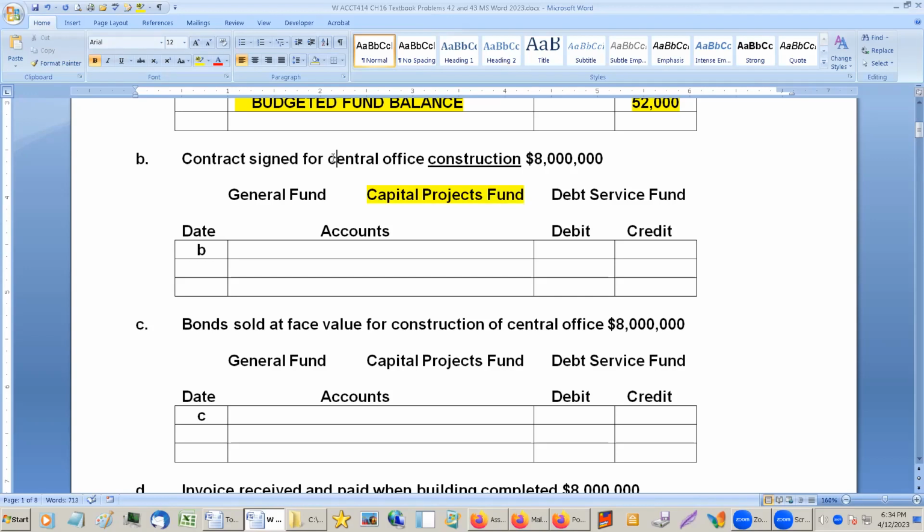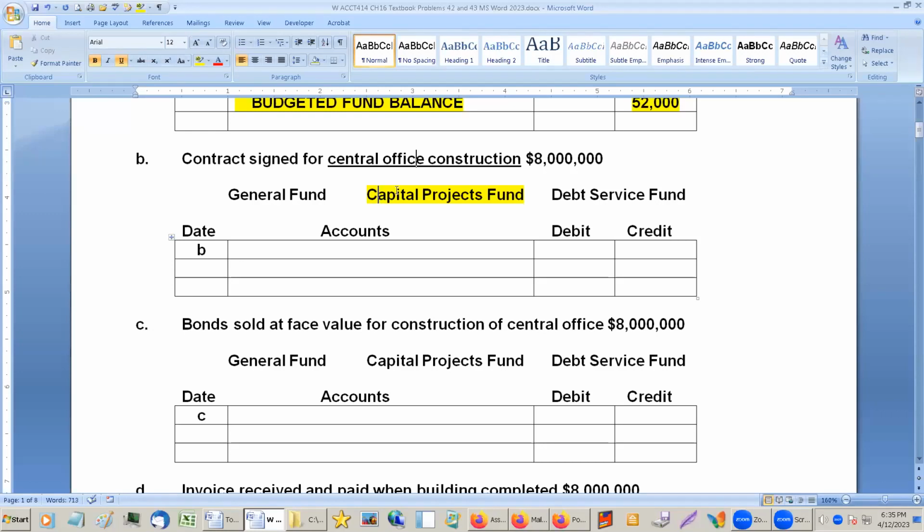That's a fund that we use, and sometimes it's a fund that's always open for certain things, but sometimes it'll be specific to a project. Like this looks like a central office building, so this is probably going to be a specific project. Sometimes you'll have street projects and things like that. That will just be an open fund that they keep track of, and they fund it to whatever they need to get done.